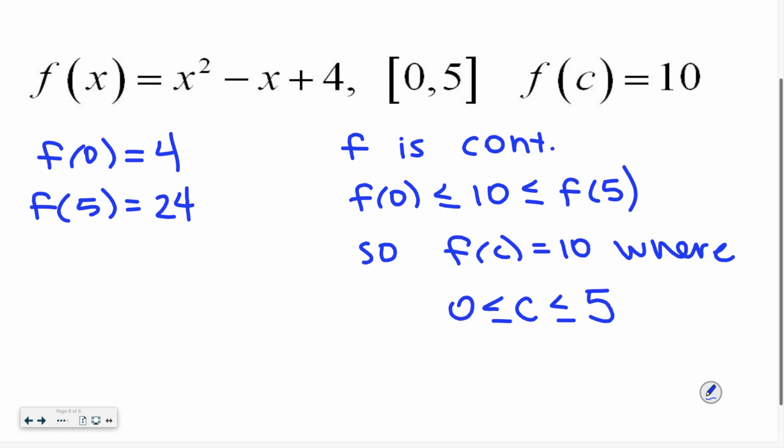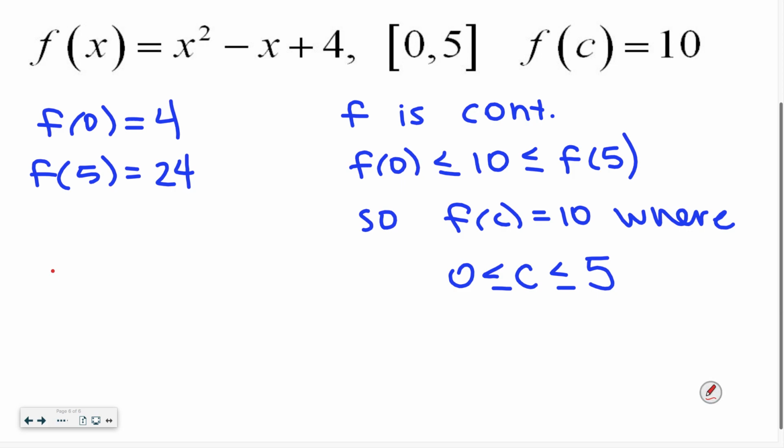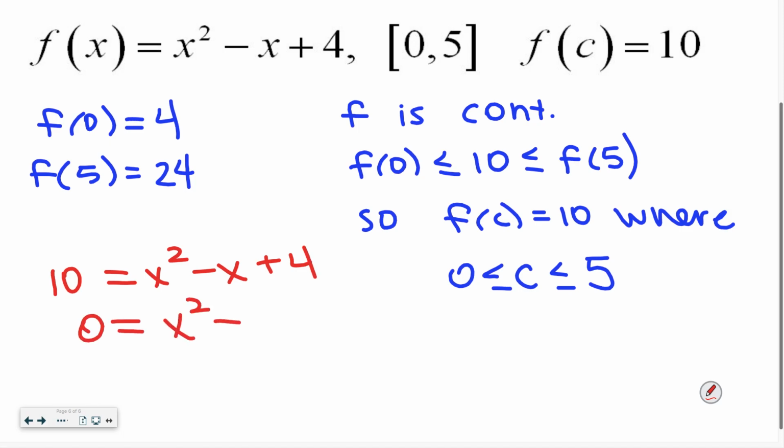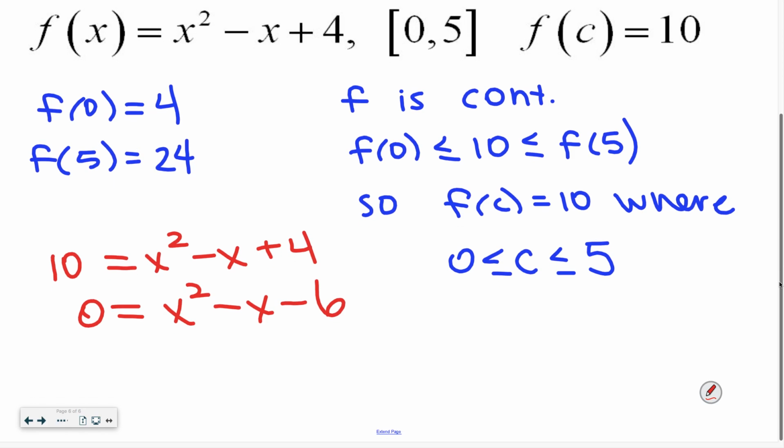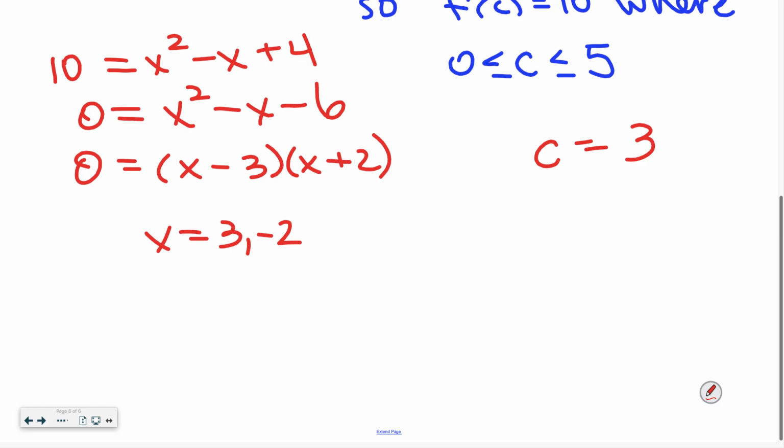Now, if I wanted you to actually calculate what c is, what would we have to do? You have to plug in 10 for f. Yep. I'll remind you that you do need to set yourself equal to 0 before you solve. So first I have it set equal to 10. You've got to move that 10 over so you can do any sort of algebra. What does that factor to? x minus 3 and x plus 2. So we get values of 3 and negative 2. Which one do I care about? Our c value is 3. Negative 2 is not in the interval, so I don't really care about it.